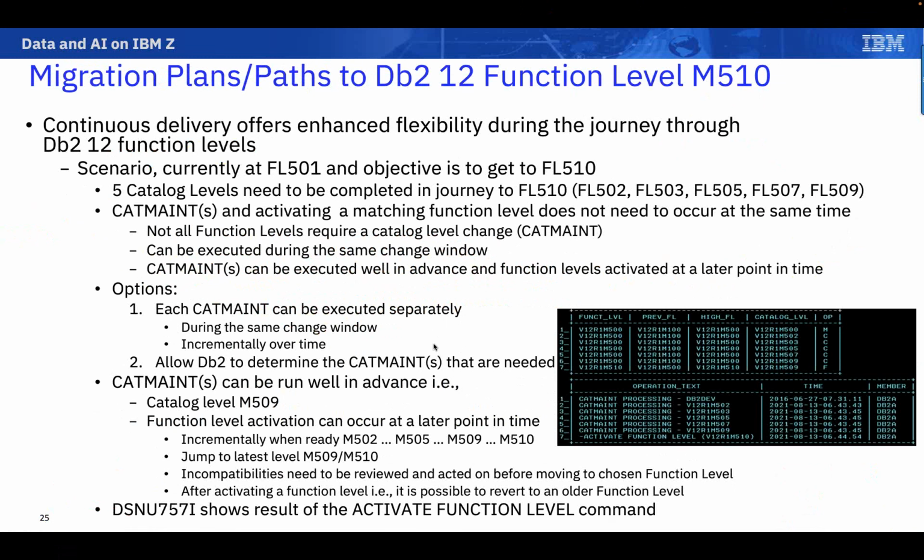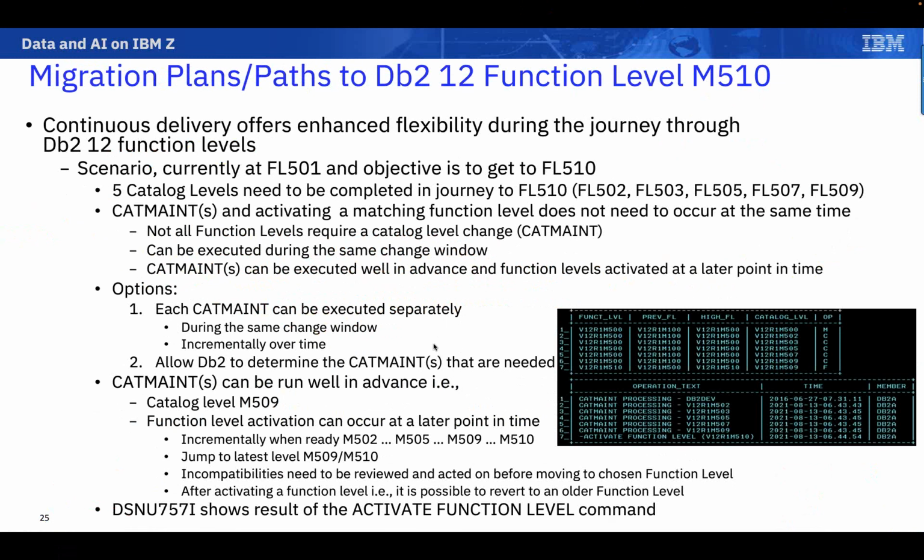You could go one step at a time, 501, 502, catalog changes, and your function level changes, just incrementally stepping through that. Or you could go through a maintenance window and say, I think my maintenance level is good. I'm at 501 now, I'm going to run my CATMAINT to get my catalog to 509 and activate 510. So you could incrementally go through it, or jump through it.